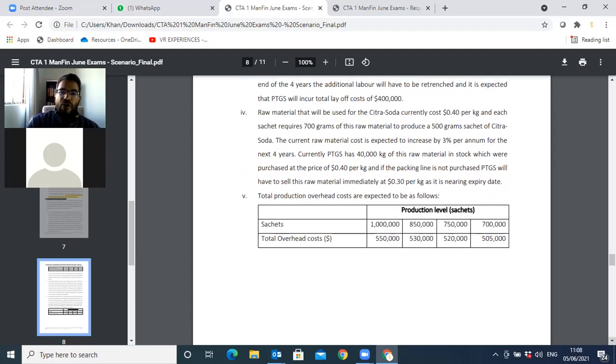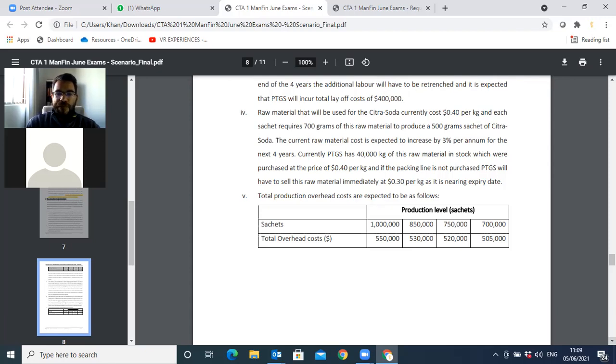Point number 4: the raw material that will be used for the citrus soda currently costs 40 cents per kilogram, and each sachet requires 700 grams of this raw material to produce a 500-gram sachet of citrus soda. The current raw material cost is expected to increase by 3% per annum for the next 4 years.